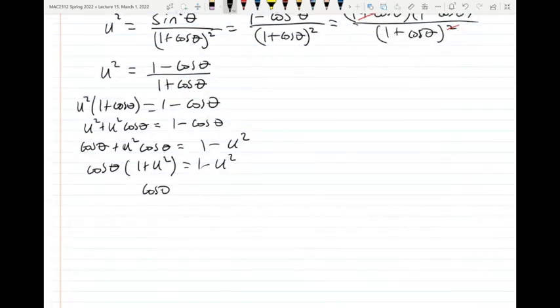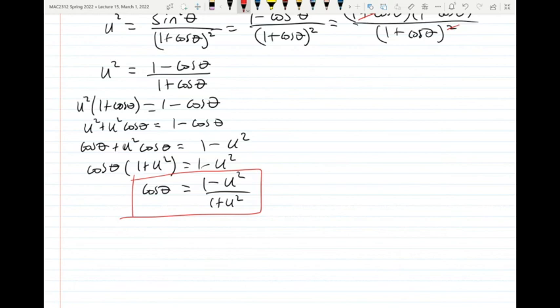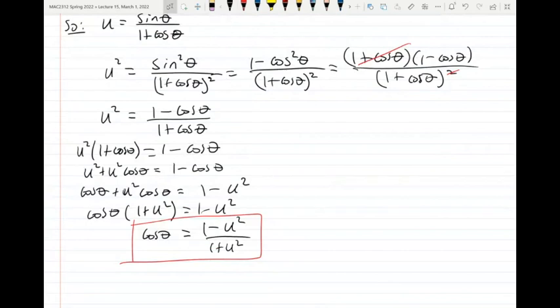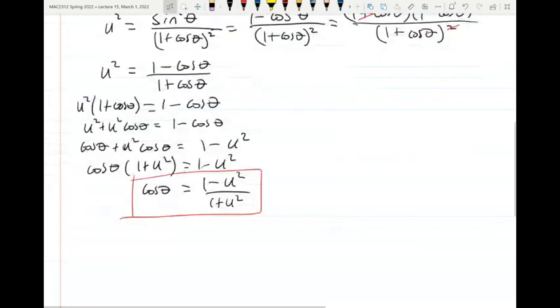Divide. So we get that cosine is (1 minus u squared) over (1 plus u squared). So if I let u equals tangent of theta over 2, then I have a substitution for cosine of theta, which is (1 minus u squared) over (1 plus u squared). You can look at the algebra later, all right? But let's just continue with this.